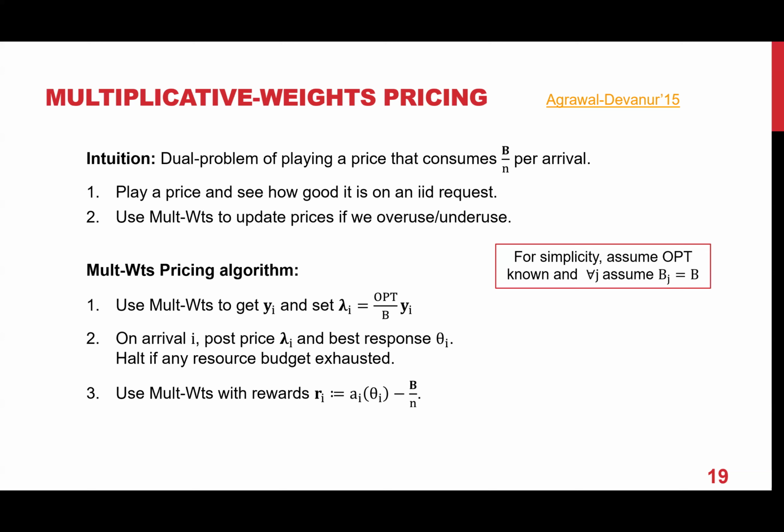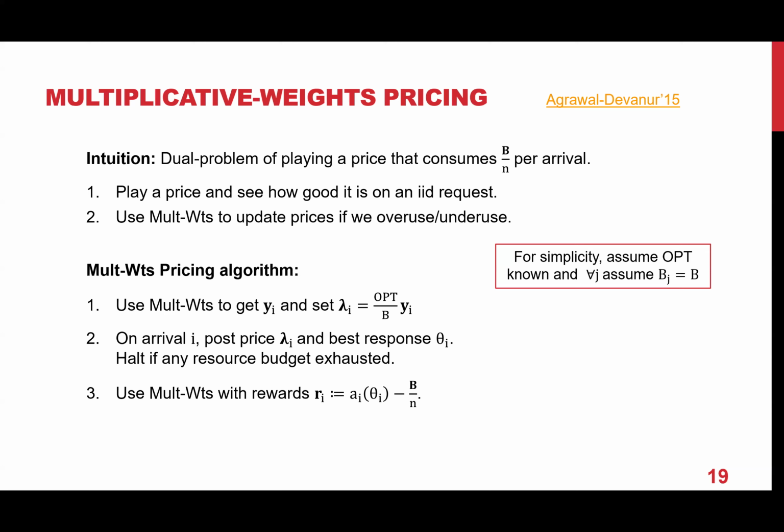These are the prices that I will offer to my ith request, like when the next request comes. The ith request is given these prices, and it's just going to take the best action, the greedy decision. These are the prices offered to this ith customer when they walk into the grocery shop. They are going to take whatever subset they want. Based on whatever subset they take, each resource has been consumed to some extent, maybe zero.